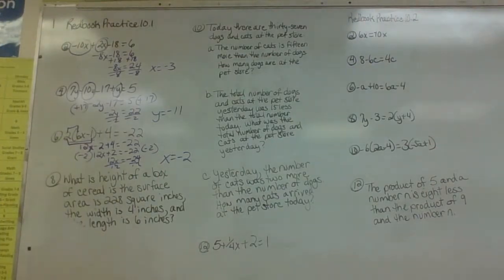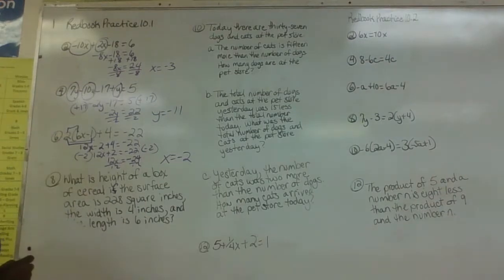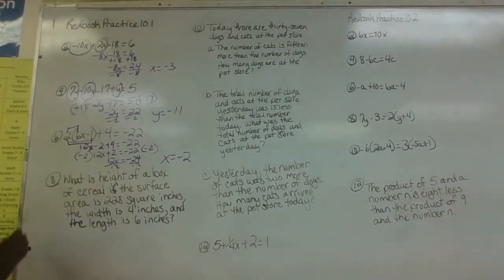On number 8, it says, what is the height of a box of cereal if the surface area is 228 square inches and the width is 4 inches and the length is 6 inches? Well, first of all, let's get our visual here.